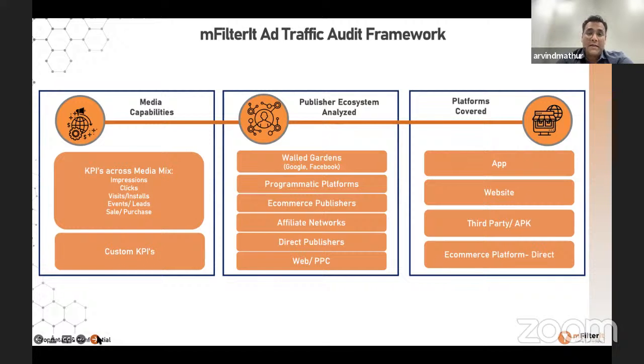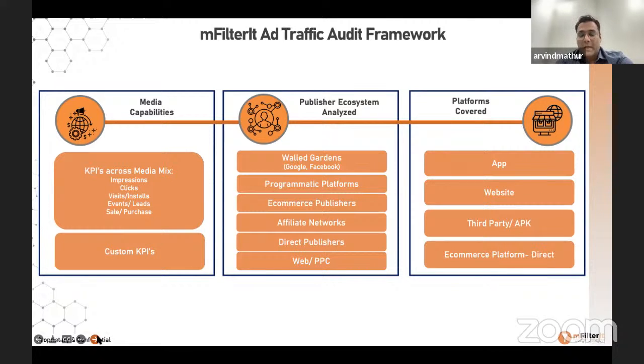There are walled gardens, and then there's the publisher ecosystem that you can potentially analyze for a brand: its presence on walled gardens, and the traffic driven from different kinds of programmatic campaigns. E-commerce: are they driving traffic to e-commerce sites or from e-commerce sites? I think in both cases you could track traffic as well.